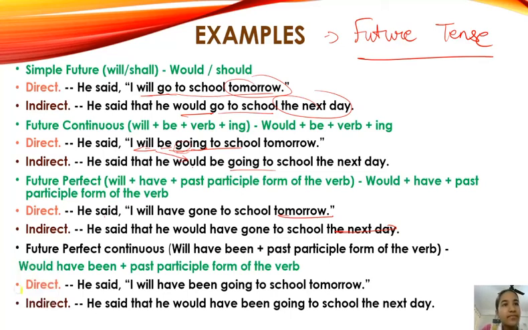Alright. So next, your future perfect continuous will change, that is, will have been plus past participle form of the verb is going to change to would have been plus past participle form of the verb. For example, he said, "I will have been going to school tomorrow."